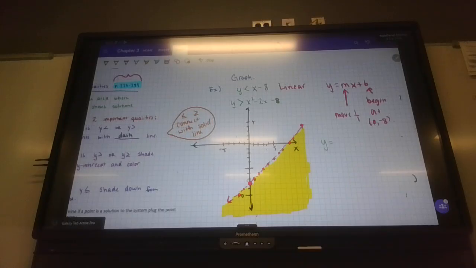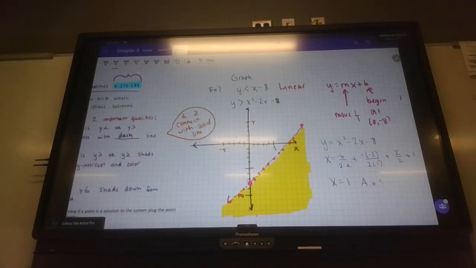All right, so I'm going to graph y equals x squared minus 2x minus 8. So I'm going to do negative b over 2a, and I get x equals 1.